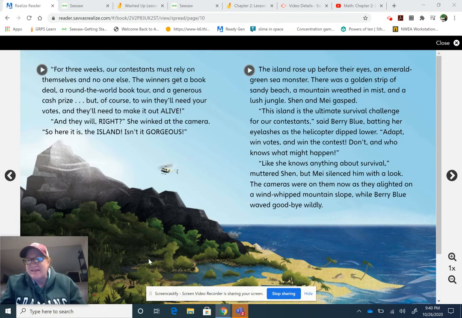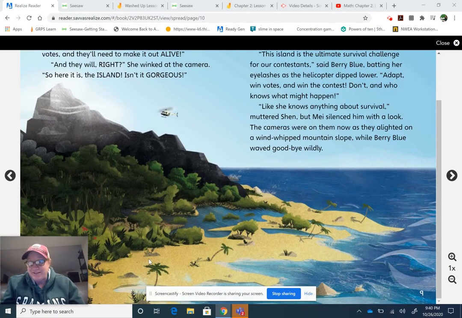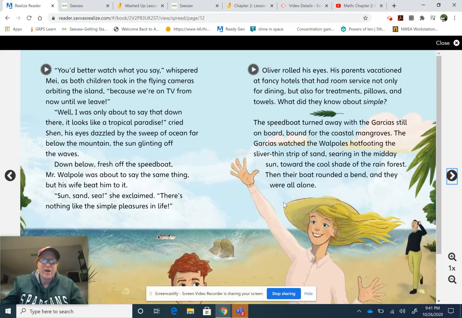Like she knows anything about survival, muttered Shen, but May silenced him with a look. The cameras were on them now as they alighted on a wind-whipped mountain slope, while Barry Blue waved goodbye wildly. You'd better watch what you say, whispered May, as both children took in the flying cameras orbiting the island, because we're on TV from now until we leave.